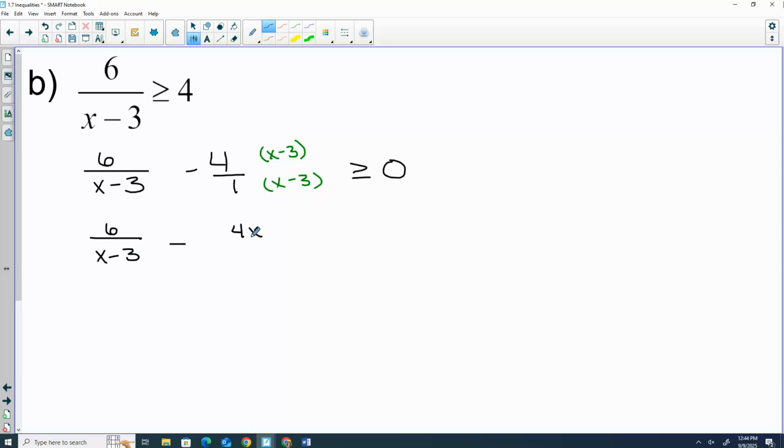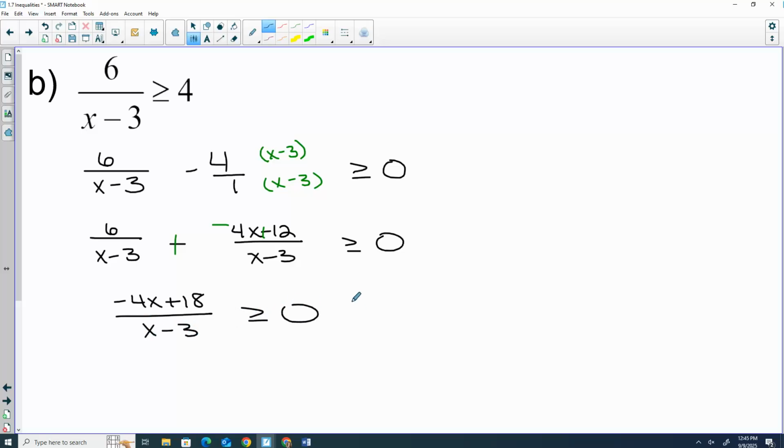So it gives us 4x minus 12 for x minus 3. We distribute our negative. Combine like terms. We get a -4x plus 18 for x minus 3 greater than or equal to 0.